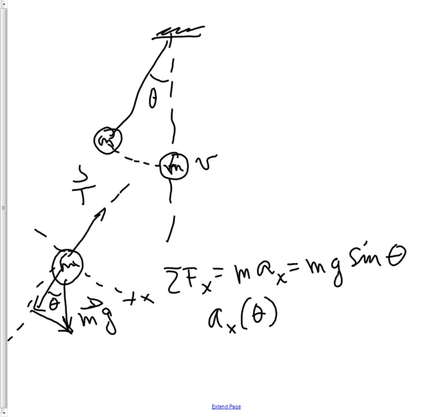Trying to find out what a sub x of theta is, let's just say, is enormously hard. On the other hand, as we will see, it'll turn out to be enormously simple to find out how fast this guy is going when he gets to the bottom, or anywhere along its path.